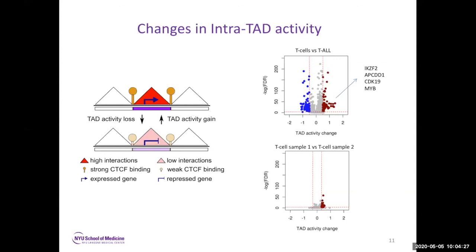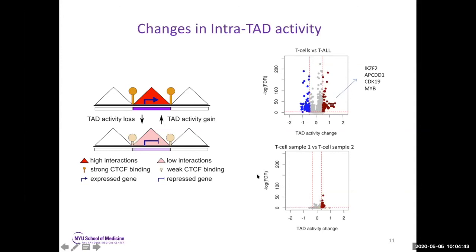One is basically on this idea of intra-TAD activity, and as you can see here, we can have these changes between a TAD that is active, that TAD becomes more inactive during transformation, and of course the opposite.